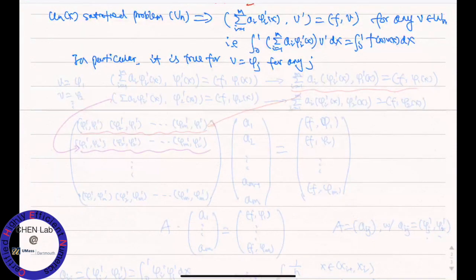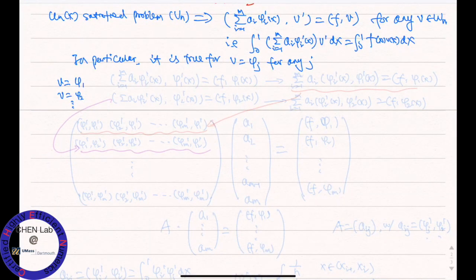So then let's see what happens if you go through all the j's, basically. And that's a trick. So when v is phi 1 and v is phi 2 and so on and so forth.